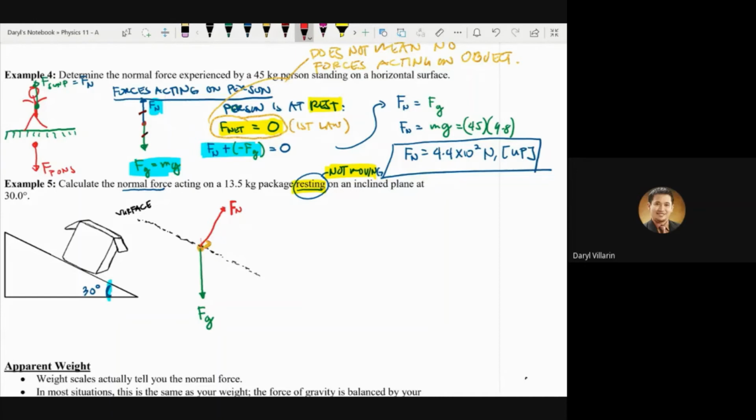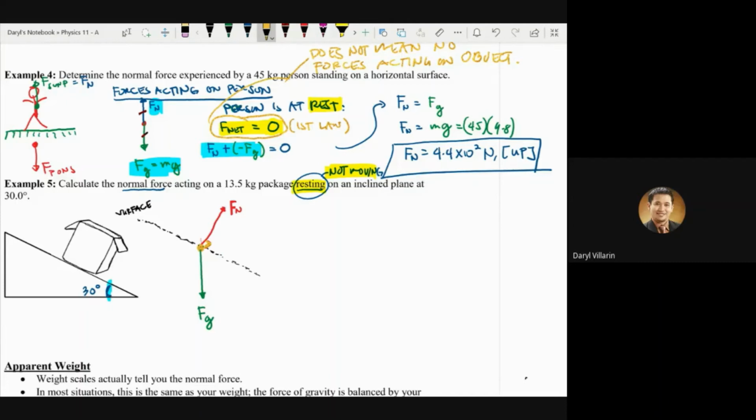Okay, and then what else? I have two forces there. What do you think would be the other force? Did I miss any force here? Can anyone tell me if there are more forces that I need to draw? Anyone? Hello, are you there?